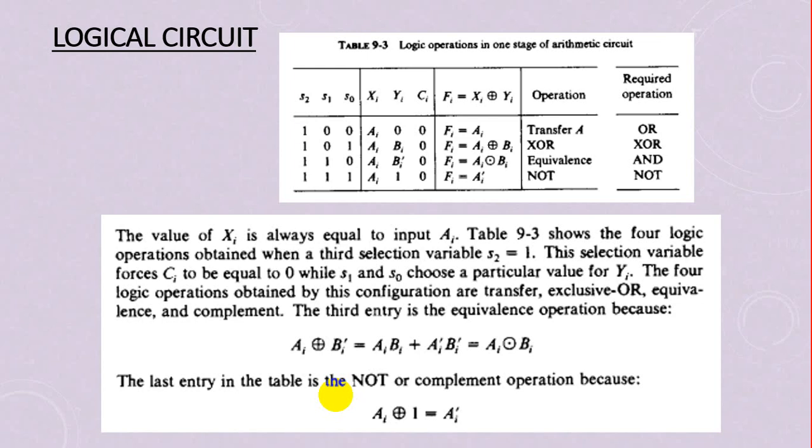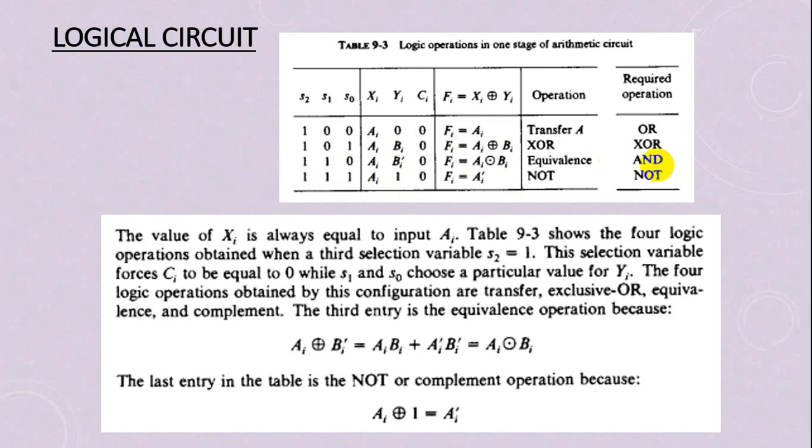So what do we see? To get the OR operation, we replace A with A or B when the selection pin is 100. When the selection pin is 101, no modification we need to make; already explained our operation. When the selection pin is 110, we need to modify A with A or B bar to get the AND operation, like we have seen.